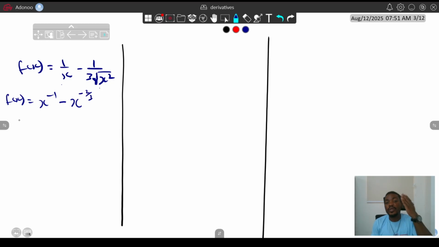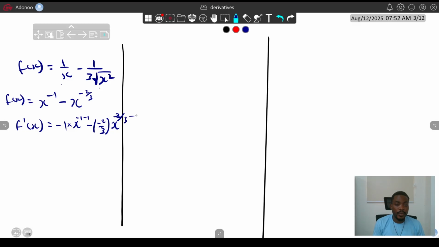Now we can apply the power rule, and that gives us f prime of x to be equal to minus 1 times x raised to the power of minus 1 minus 1, and minus 2 over 3 times x raised to the power minus 2 over 3 minus 1.